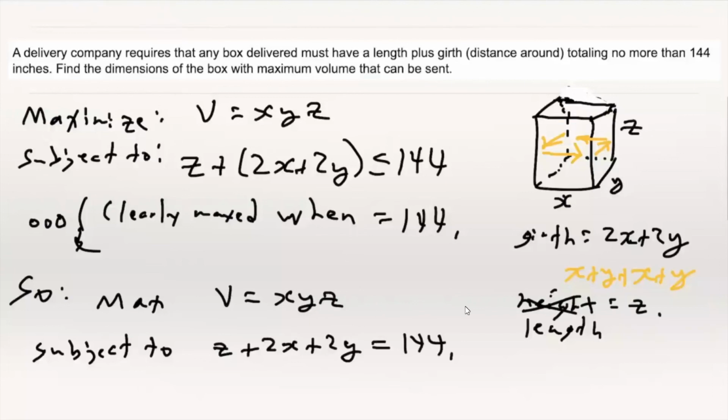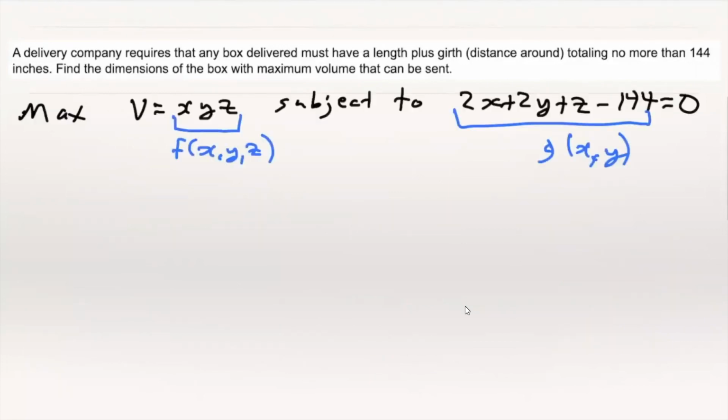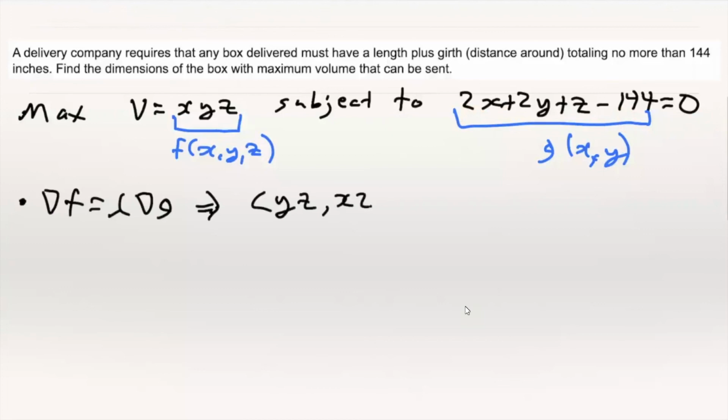First thing, we want to get this constraint into the form something equals 0. And our problem becomes this. We want to maximize this objective function subject to this constraint, and we express it in the form g of x, y, z equals 0. Okay, so first, we want grad f to be lambda grad g. Okay, that would be yz, xz, xy is equal to lambda times 2, 2, 1.